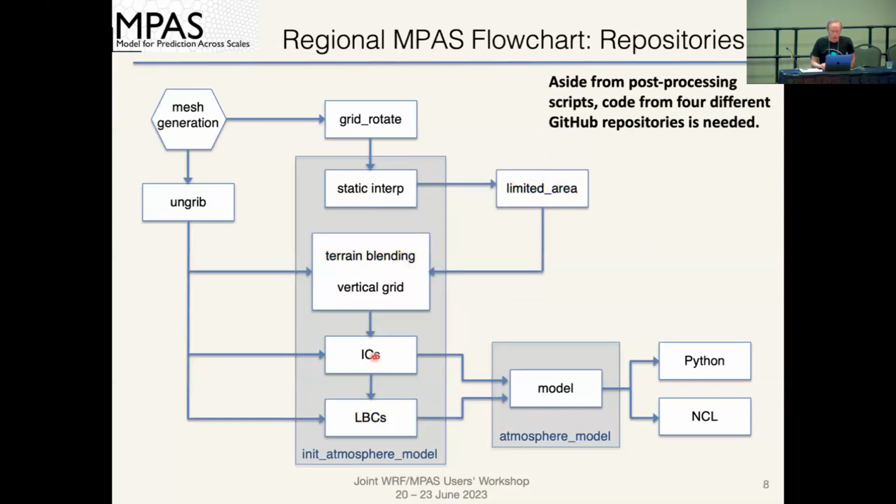So that's that. Lastly, looking at this flowchart, just in terms of repositories, it's a bit different from WRF. There are actually just 4 repositories that you need to download, and that'll be our entry point to a terminal window. So the first thing is, as we said, you still need the WPS, but only for the ungrib component.